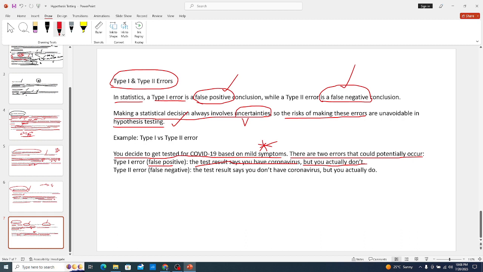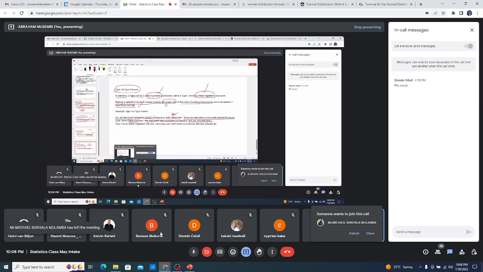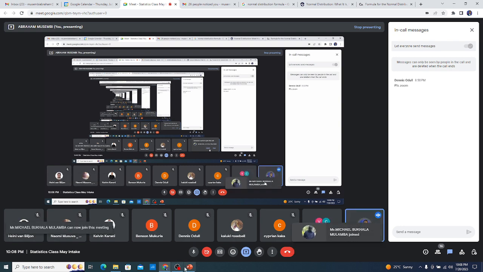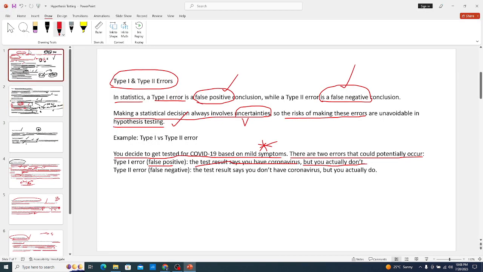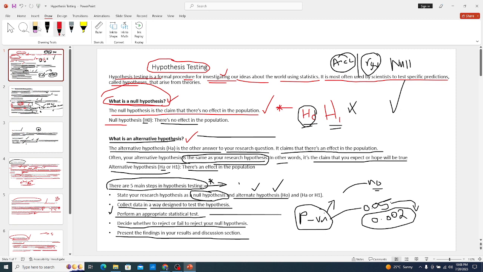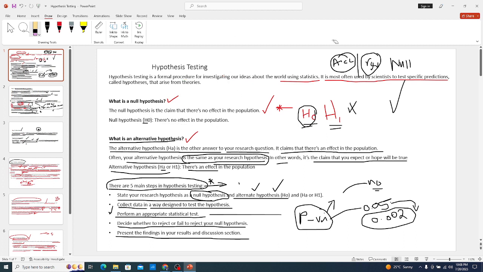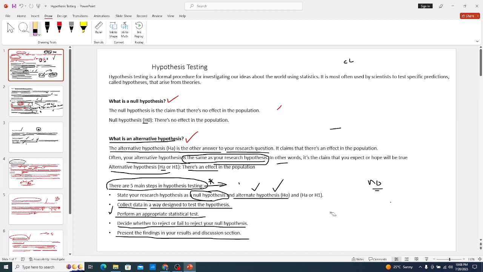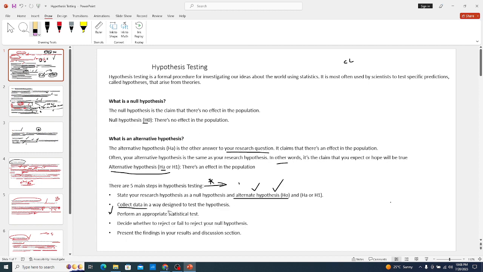Okay, all right. I guess that's a brief explanation of hypothesis testing. The objective was just to define hypothesis testing and understand what it is, then study the two types of hypothesis, the null hypothesis and the alternative hypothesis.